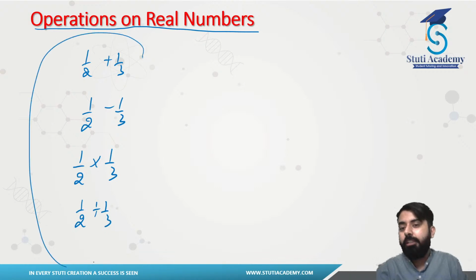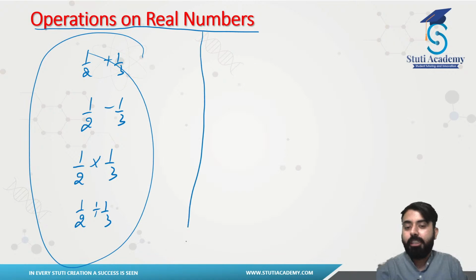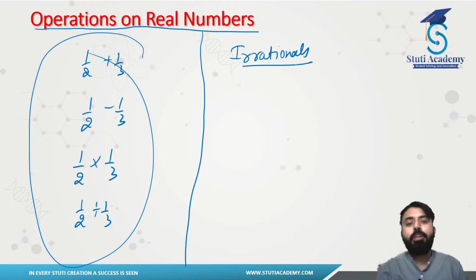We can do anything with the rational numbers. So now the question is, what can we do about our irrationals? Can we do the same things with our irrationals? So keep in mind, your irrationals are like, if you guys have understood your algebraic expressions, and if you guys remember your factorization from your earlier class, your linear equations also, irrational numbers act as your variables here.